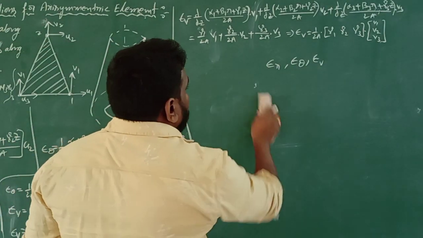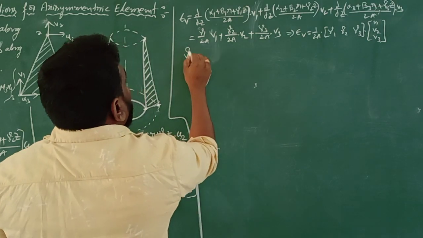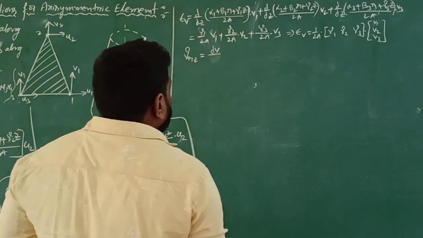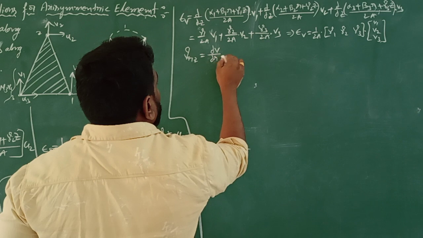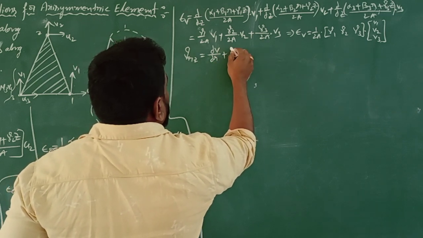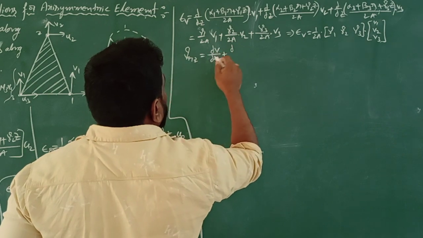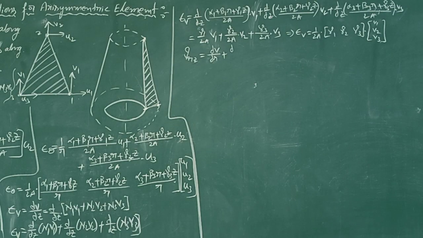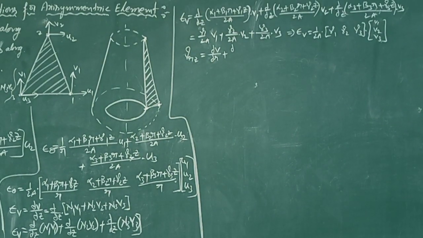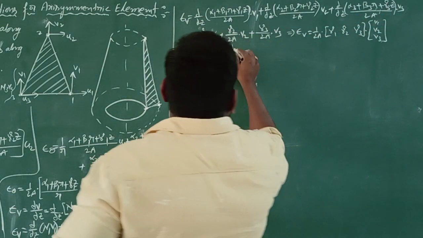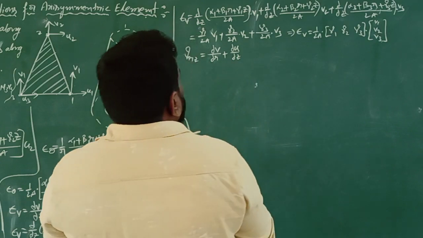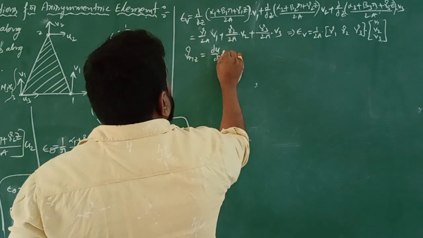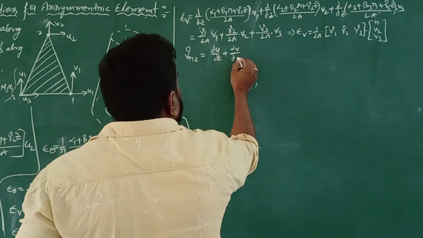Shear strain gamma r z is equal to dou u by dou z plus dou v by dou r.